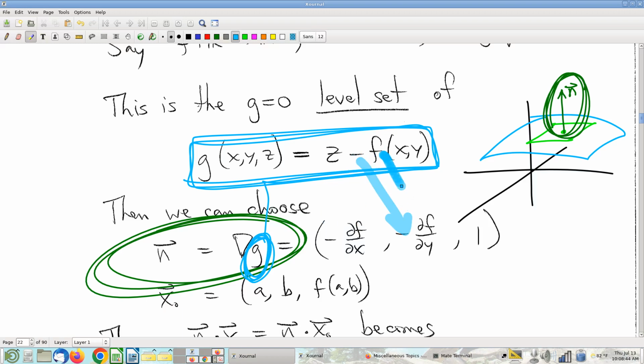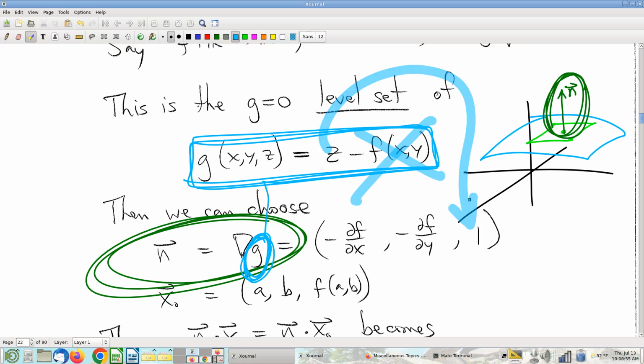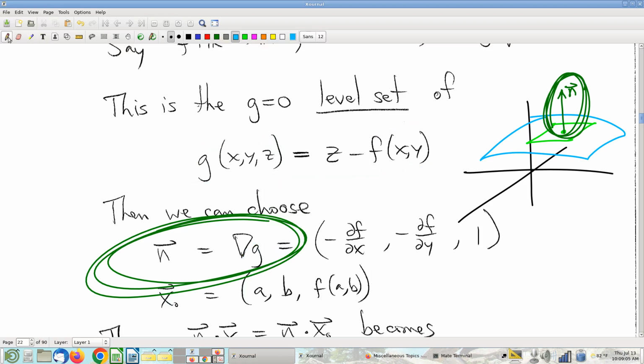Likewise, here's the y partial. Now, what's the z partial? Well, there's no z's in there. The z partial is just the z partial of that z, which is, of course, just 1. So, a little bit of working out partial derivatives, but there then is my formula for our normal vector.